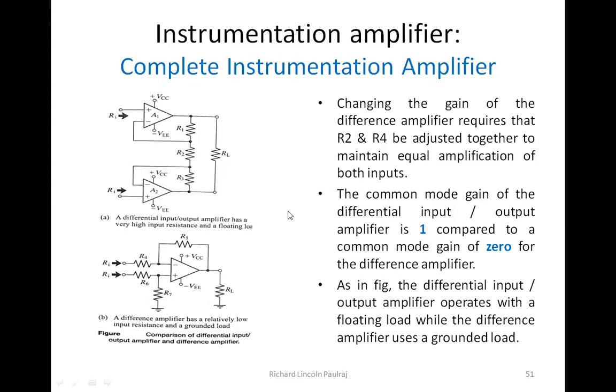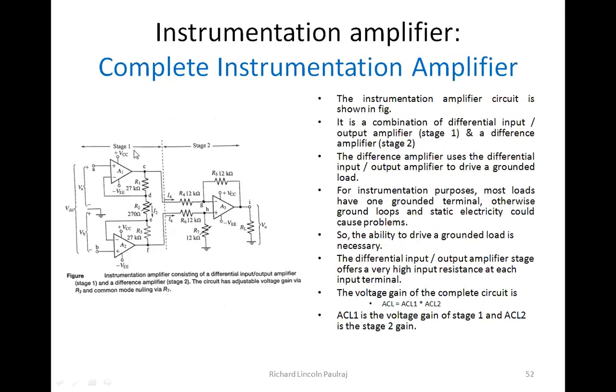Now let's combine them together, and this is going to be your complete instrumentation amplifier. Stage 1 is going to be the first section that we learned, which is nothing but the differential input output amplifier.